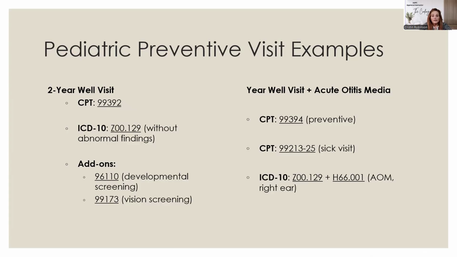A 2-year-old well visit with acute otitis media. The CPT code would be 99394 for the preventative and 99213 with a modifier 25 for the sick visit covering the acute otitis media, if documentation supported.